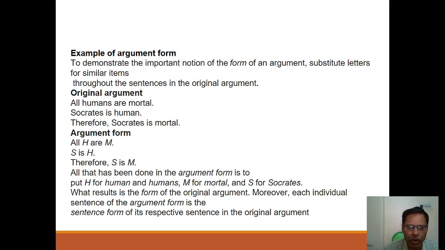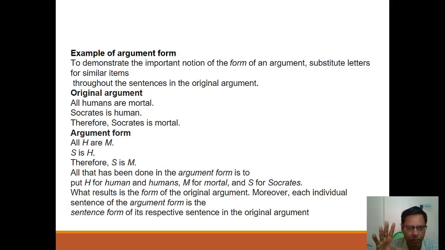So we can see what a logical form is and how it is converted. As an example of an argument, to demonstrate the important notion of the form of an argument, substitute letters for similar items throughout the sentences in the original argument. What is the original argument here?